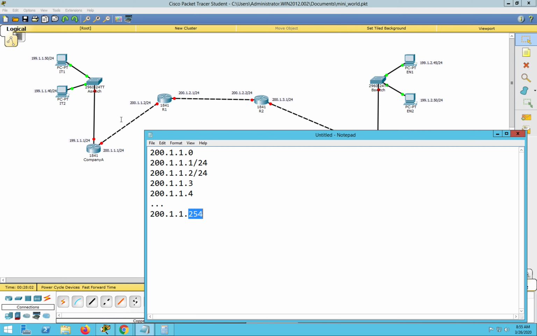Now, I suppose you could put this into a switch and have some other computers, but really the only thing that we want is just the router connected at one end to the other end. So what about the 0.3, the 0.4, the 0.5, the 0.6, the 0.100, the 0.152, the 0.200, and the 0.254? Well, they're all going to waste.